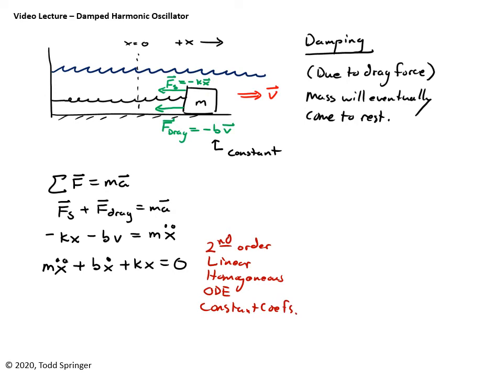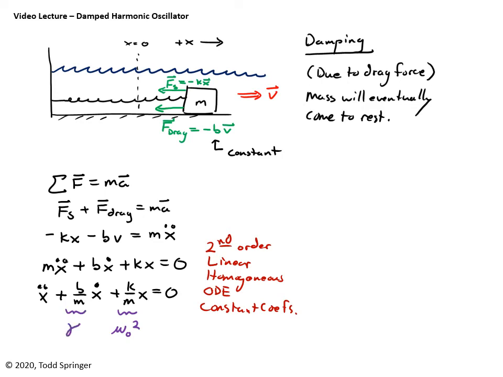Before I go on, people usually make a simplification here. They divide both sides by m. So I get x double dot plus b over m, x dot plus k over m, x is equal to 0. And previously we've been calling this thing omega 0 squared. And this thing, b over m, is typically called gamma.